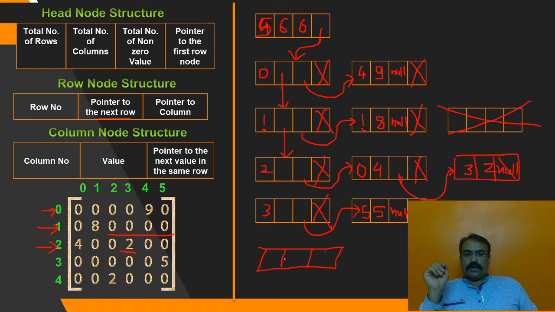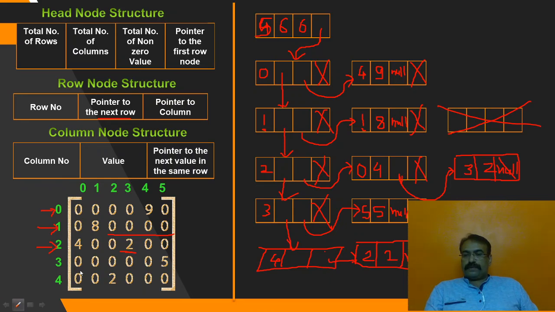It is going to have 4. See, these pointers I have forgot. These pointers will be pointing to the next row node 4. This will point to 1 column node. That column node will be 2, value 2, and this will be null. Okay. So this way the list for this sparse matrix can be formed.